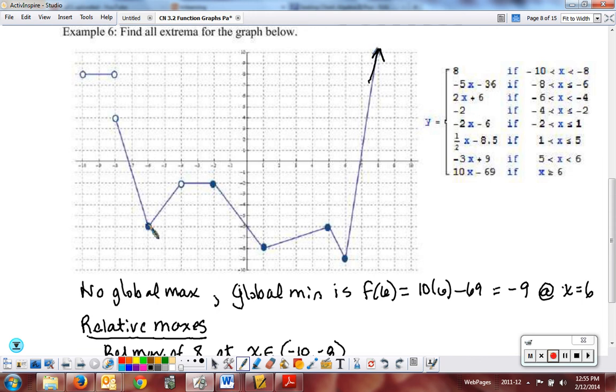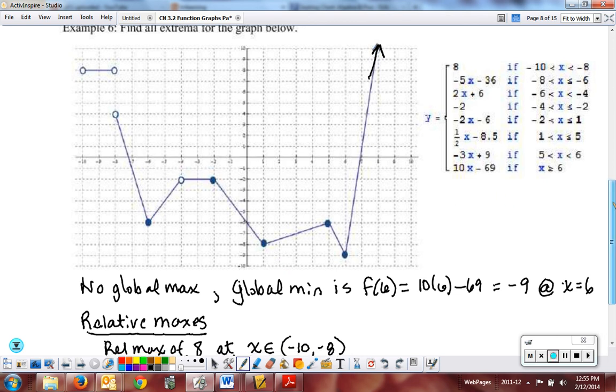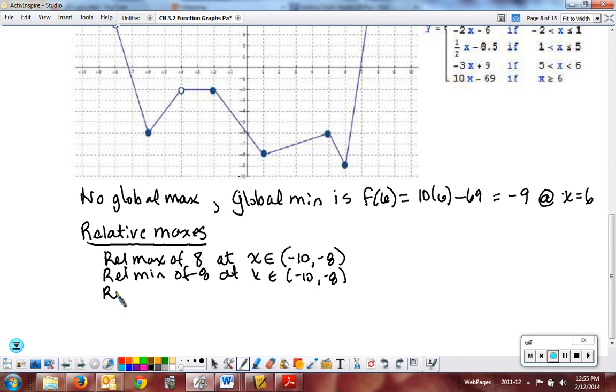I'm sorry, negative 6. If I plug in negative 6, is that going to work out? Yeah, negative 6. So we're okay with that. So we have a relative min of negative 6 at x equals, is that negative 6? Negative 6. My eyesight's going when I look at this thing.